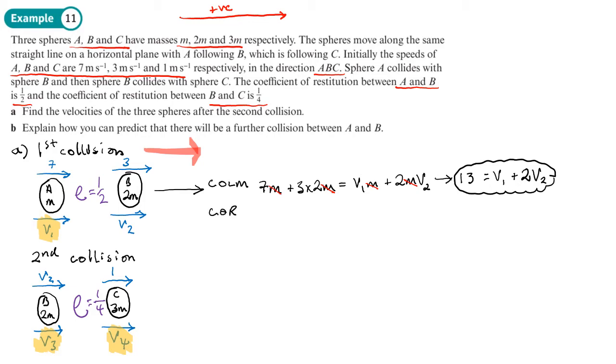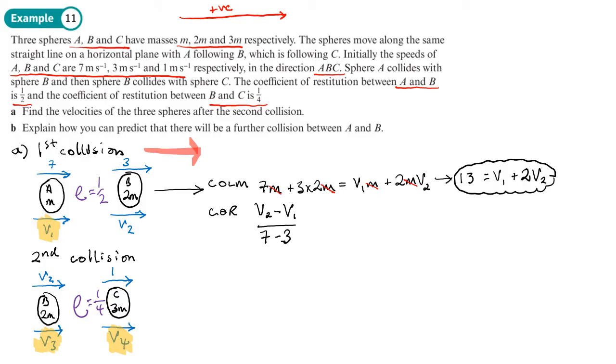Coefficient of restitution is the speed of separation, v2 minus v1, over the speed of approach, which is, well, I know it's 4, but it's 7 minus 3, isn't it?